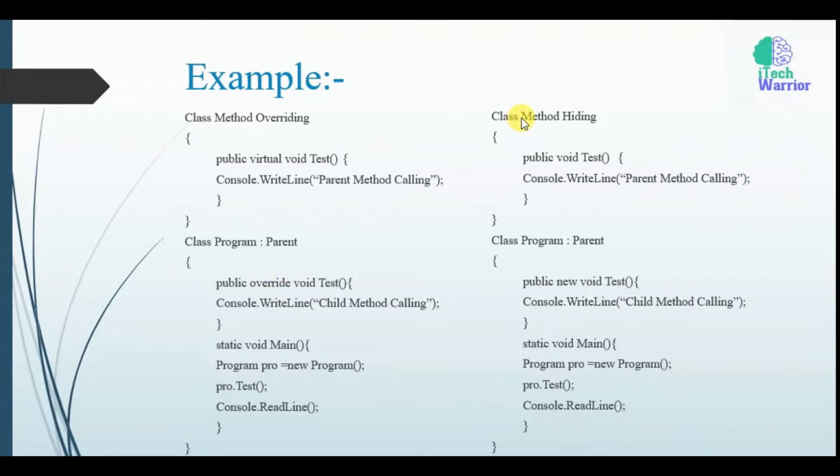In method hiding, we do not use any virtual keyword, but in the child class we write the same method with the same name and access the method. See, both the examples are different. Let's understand this example practically in Visual Studio. So let's flip to Visual Studio and do it practically.